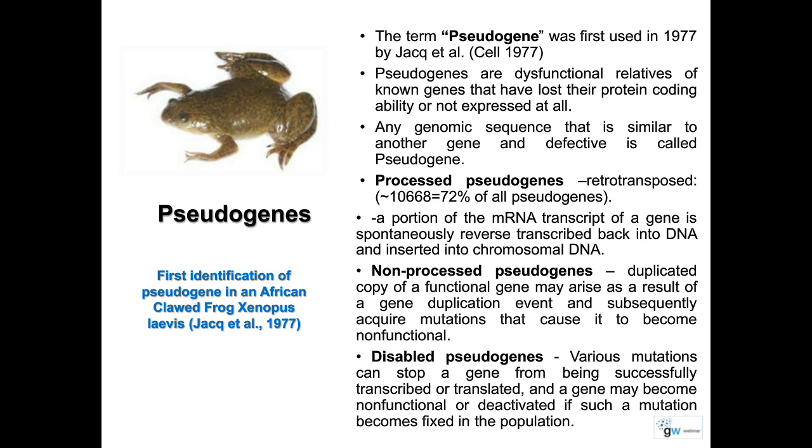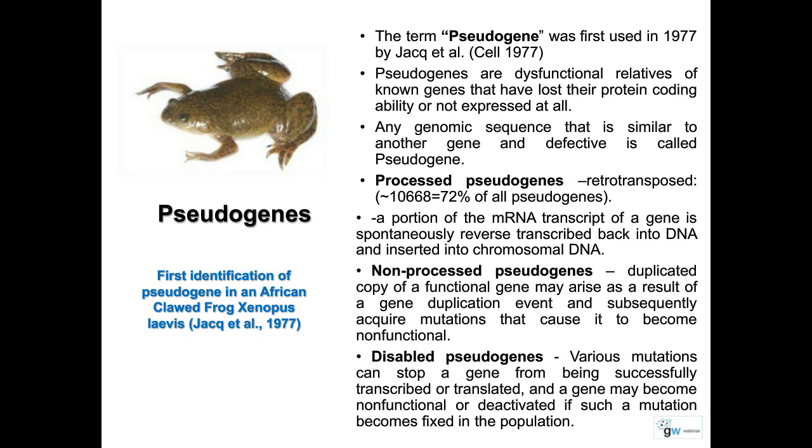This is called non-processed. Essentially, these pseudogenes retain all the introns and exons, but they may not carry the regulatory elements, the 5' promoter and other regulatory elements. Because of that, these non-processed pseudogenes are not expressed or are dysfunctional.